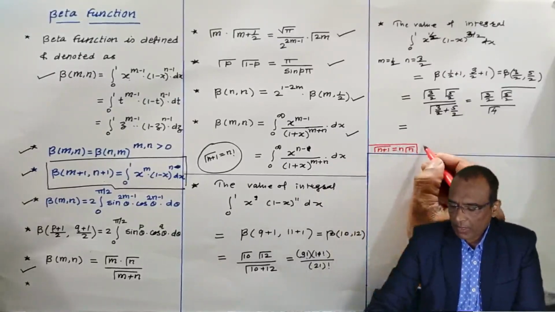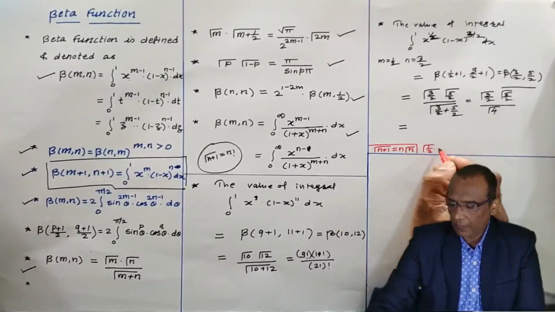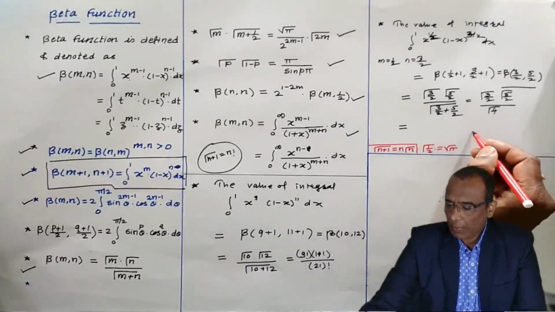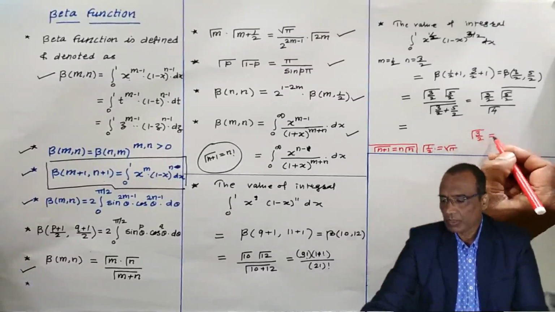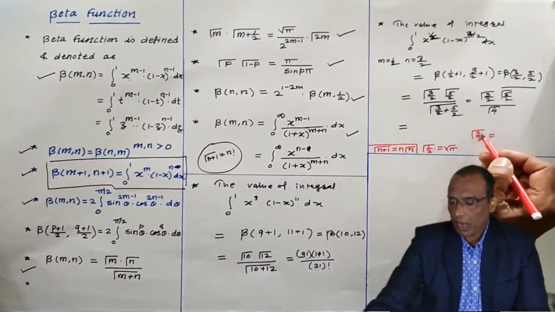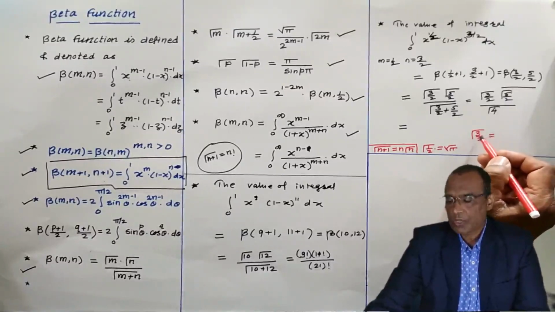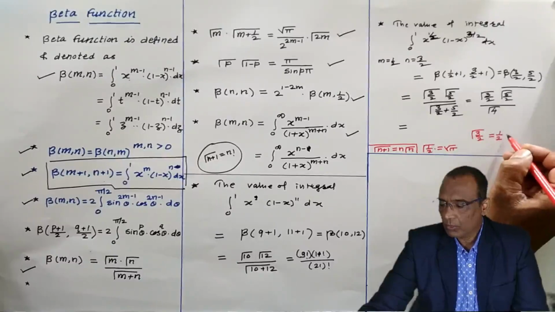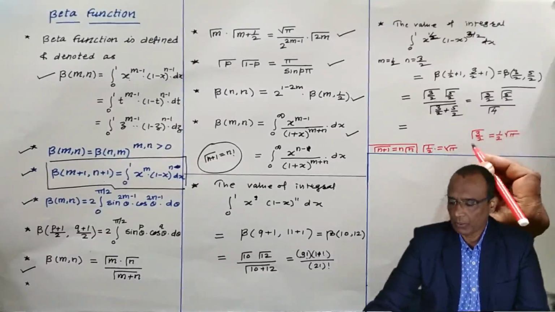So gamma 1 by 2 is root pi. The value of gamma 1 by 2 is root pi. I want gamma 3 by 2. So this 3 by 2 can be written as 1 by 2 plus 1, and gamma (1 plus n) is n gamma n. So this can be written as 1 by 2 times gamma 1 by 2, which is root pi. Value of gamma 3 by 2.